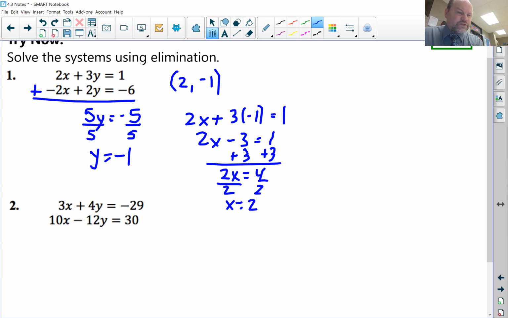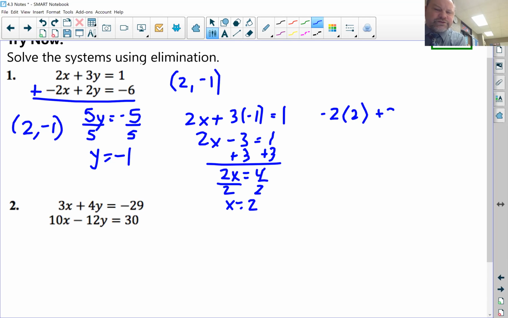So my solution is 2, -1. And then I'll plug it into that second equation to check. -2 times 2 plus 2 times -1.